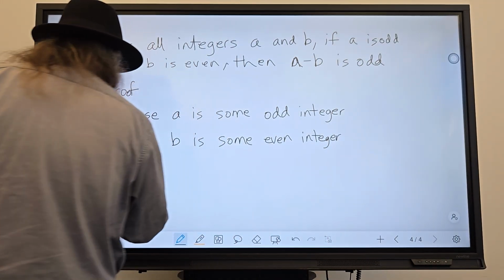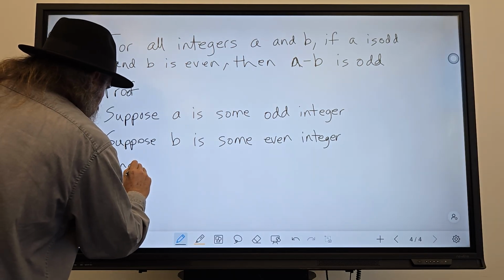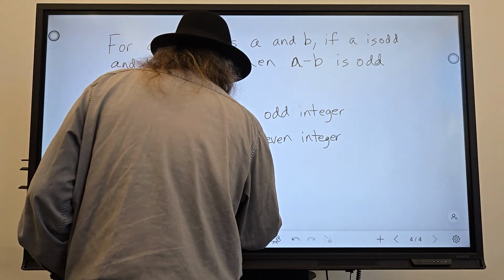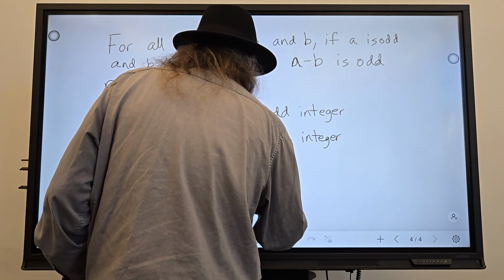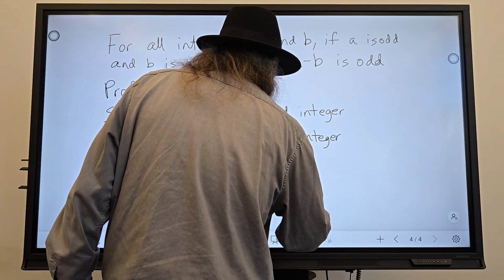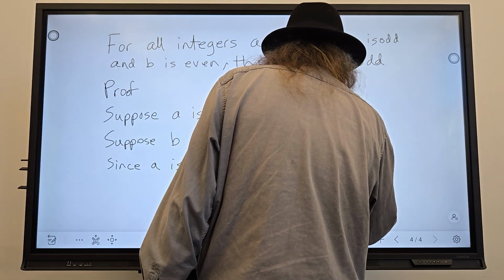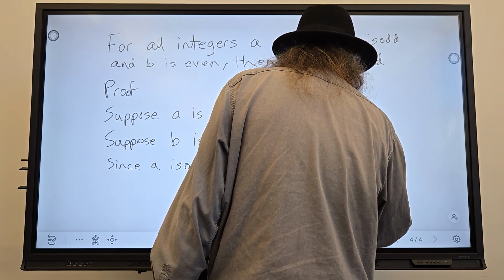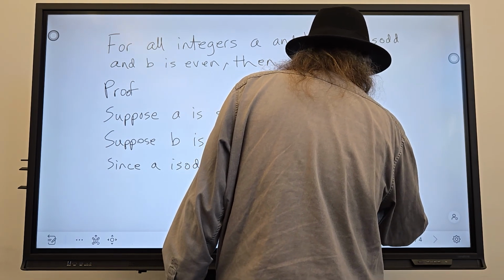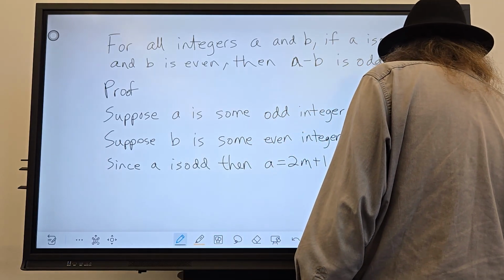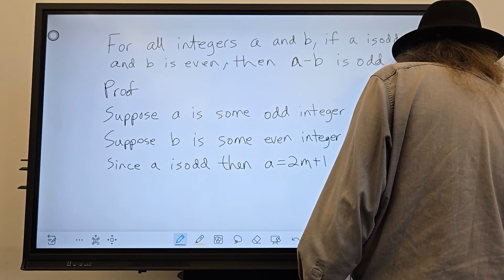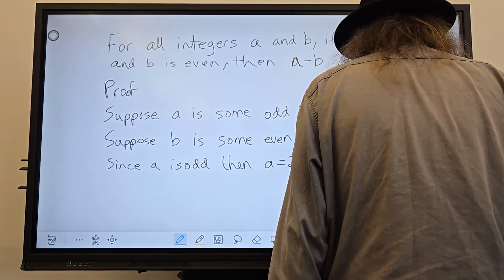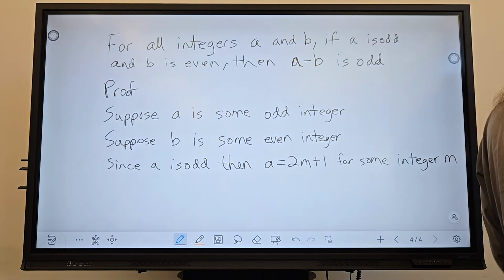And then say, since a is odd, then a equals 2m plus 1 for some integer m, by the definition of odd.